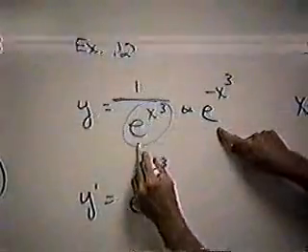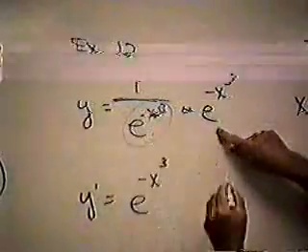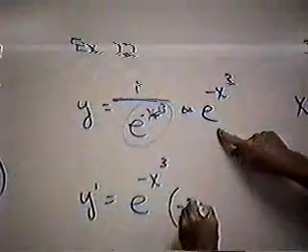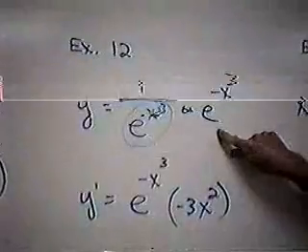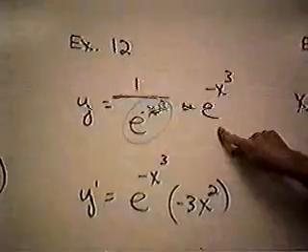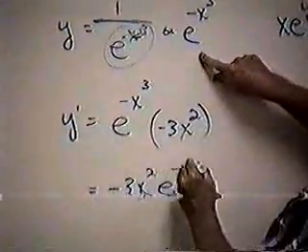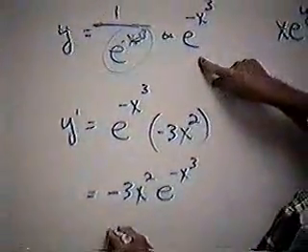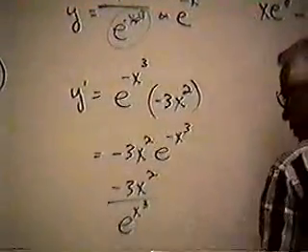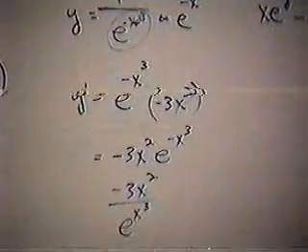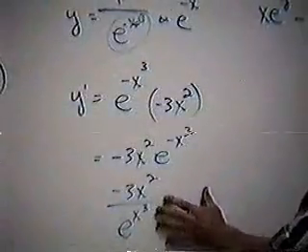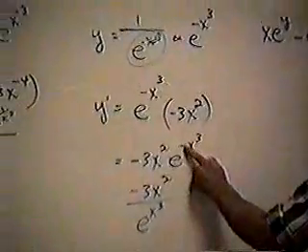I'm taking all of this and moving it up and changing this power to a negative. So it's itself, and then times the derivative of that, which is a minus 3x squared. So final answer is minus 3x squared e to the minus x cubed, or minus 3x squared over e to the x cubed. Now these two examples, 11 and 12, I put in here to help you see and make sure of your algebra. Watch the algebra here when you're moving things up and down with powers.